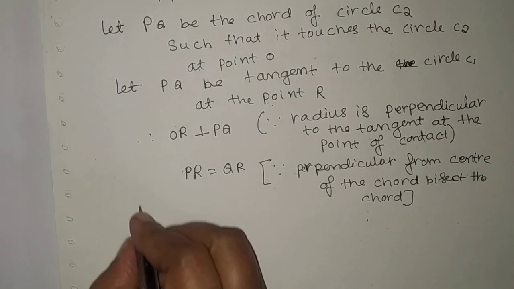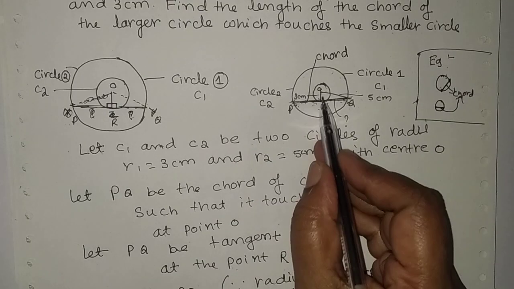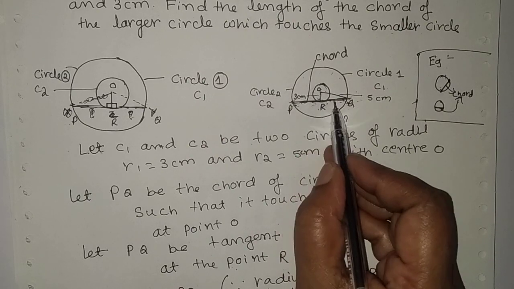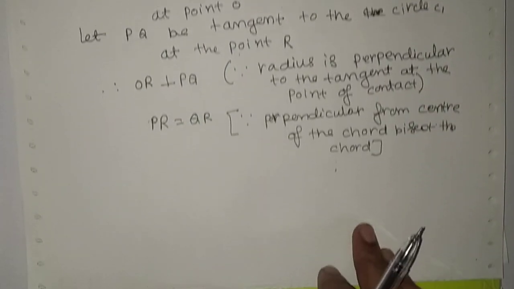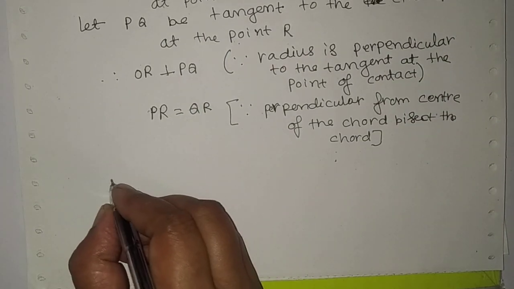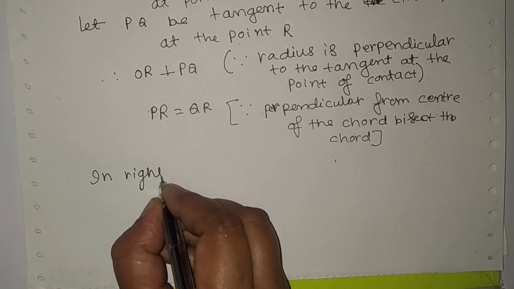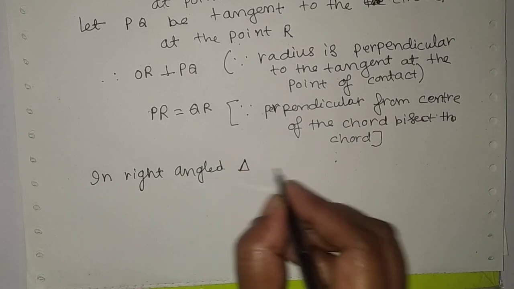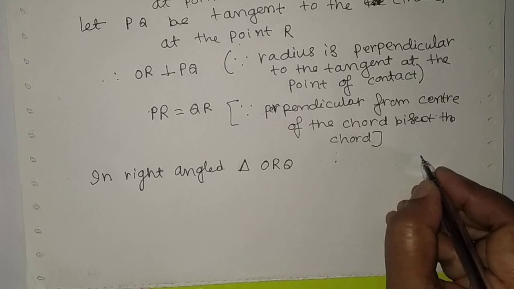So next, after this, in the right angle triangle, this line bisects the chord PQ into two equal parts, or PR is equal to QR. Next, in the right angle triangle OR Q, a triangle is formed here.